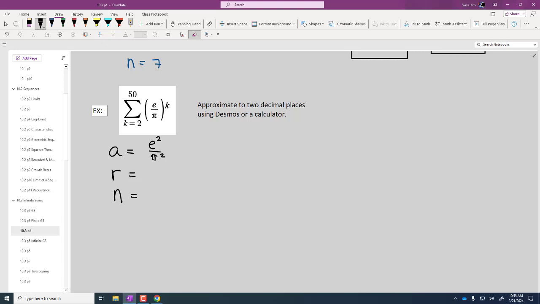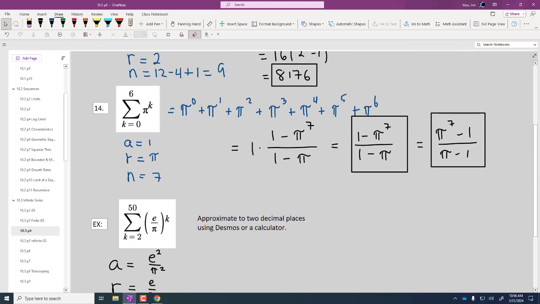There's our first term. Now, if this was an infinite geometric series, would it converge or diverge? If it was infinite, we would look at the common ratio. The common ratio is e over pi. Is that less than 1 or greater than 1? Less than 1, 2.7-ish divided by 3.1-ish, that's less than 1. So this would be a convergent infinite series if it did go to infinity. How about this one?